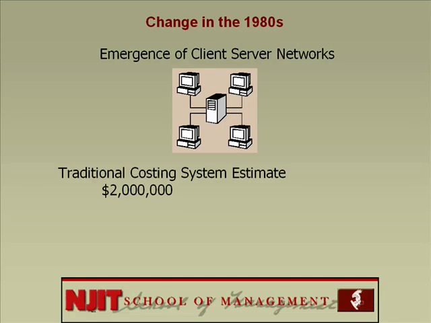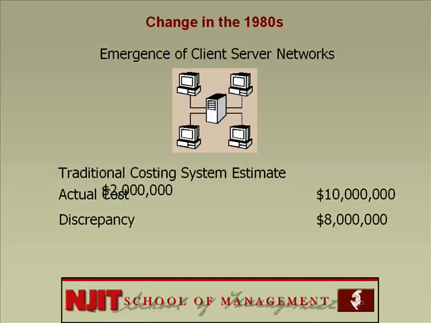Let me repeat, the accountant got it wrong. The actual cost turned out to be more than triple. In our example, let's assume that the actual cost was around 10 million. So you spent 8 million more than anticipated.